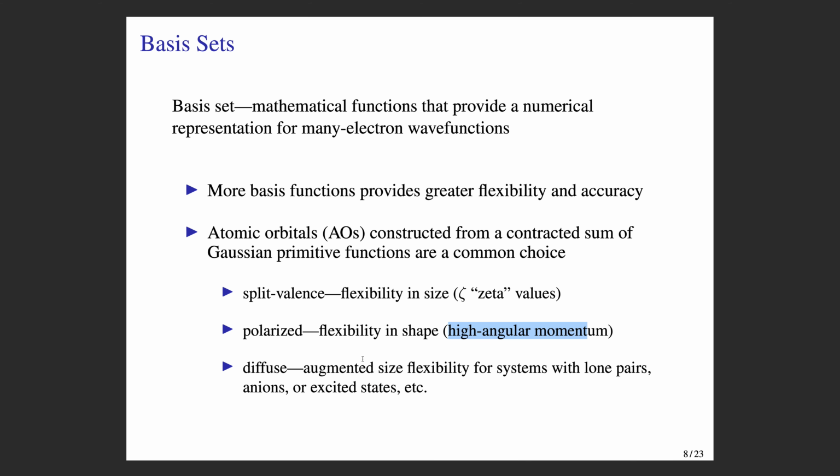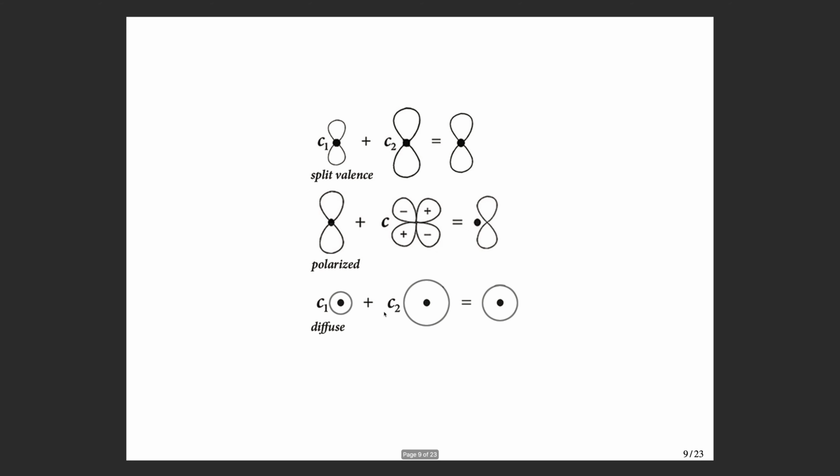The last one here, you include diffuse functions. Diffuse functions refer to basis sets that have very large s orbitals and very large p orbitals. So for example, if you're representing a hydrogen atom, the hydrogen atom would be represented by a 1s orbital, right? A 1s atomic orbital.